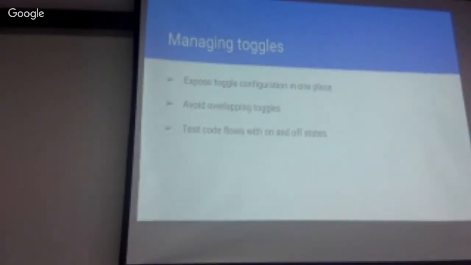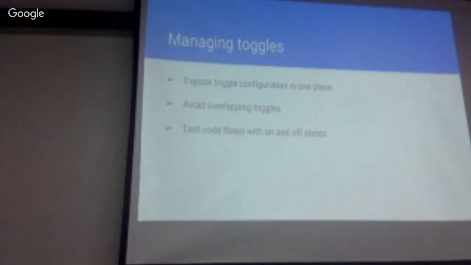Another is to prudently avoid overlapping toggles. For example, making two toggle decisions come hand in hand, and then instead of handling just an on and off state, we will get into four states: on and off, this one on and off, etc. So instead of getting into those permutations and combinations, we try to limit the scope and separate them.